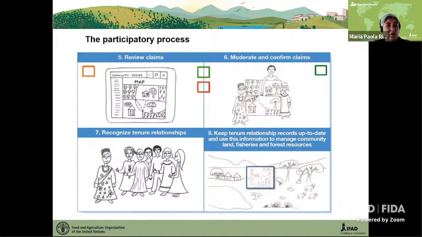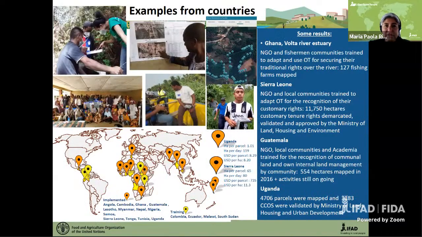Then over the community server, there is the process of reviewing the claims, the quality review, and at the end there is final confirmation and recognition with validation from the community. And then at the end of all, there is maintenance and updating, keeping the information updated in the community server. Next slide, please.